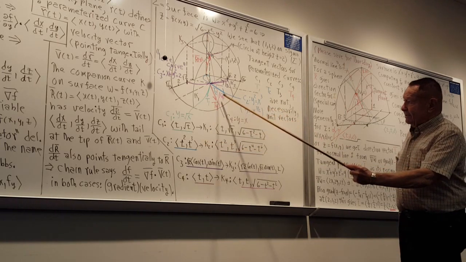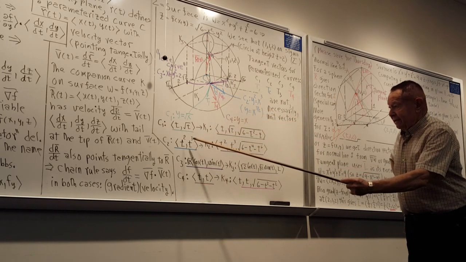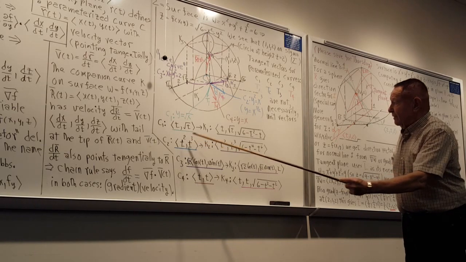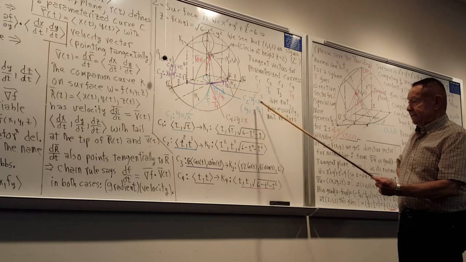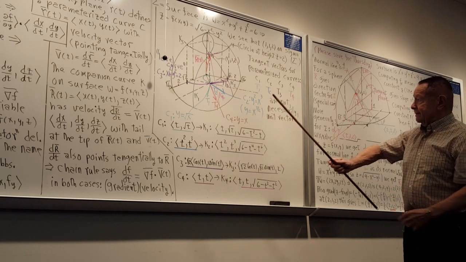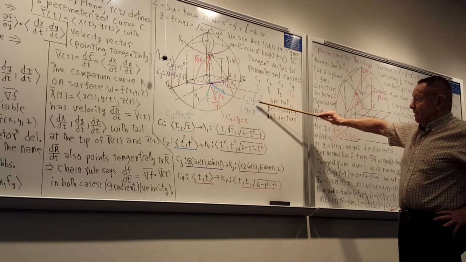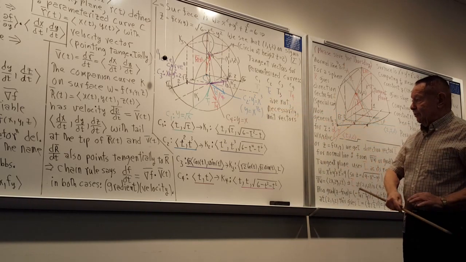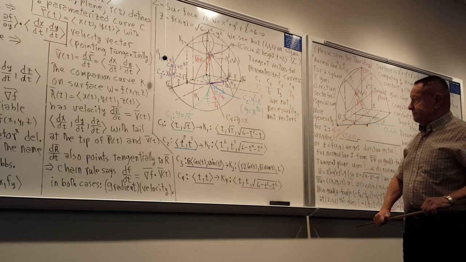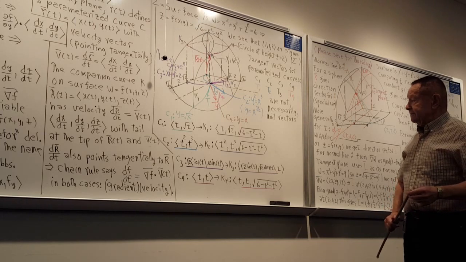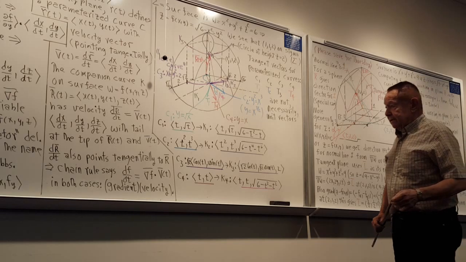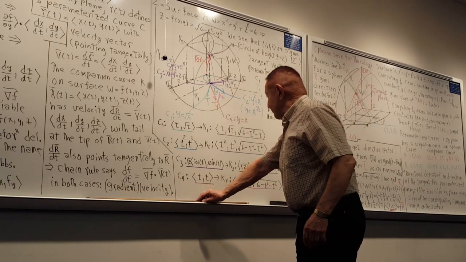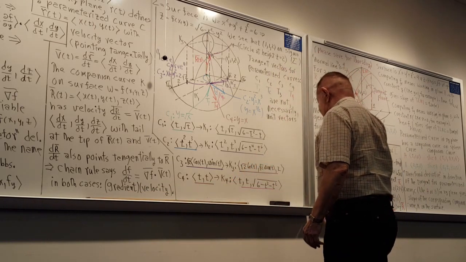So parameterizing the blue one, if you're using the formula y squared equals x cubed, then I think I have those backwards.